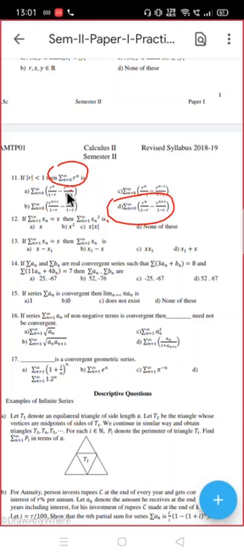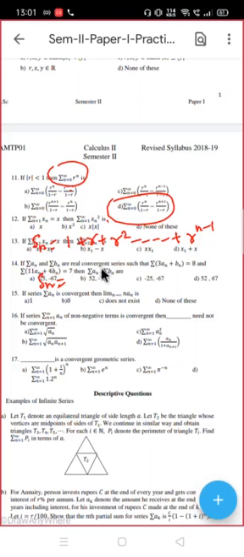So let me just quickly check. What is the summation of this? Let us see the partial sum. What is Sn? Sn will be writing all n terms. First term is 1, second term is r square, and nth term will be r raised to n minus 1. So what is the value of Sn here?